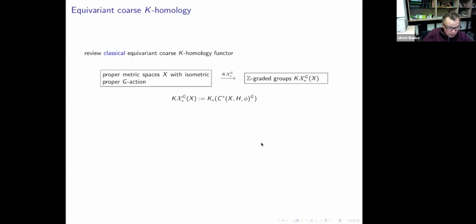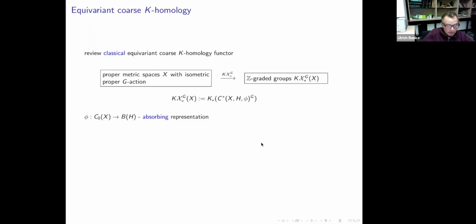And the formula for the value on X is the K-theory of a Roe algebra, which depends on the choice of an H and phi. And this phi is an absorbing representation. So it's a representation of the continuous functions on X vanishing at infinity on the bounded operators of a Hilbert space. So everything has a G action here, and this should be equivariant, and it should be absorbing, so it should be sufficiently big.